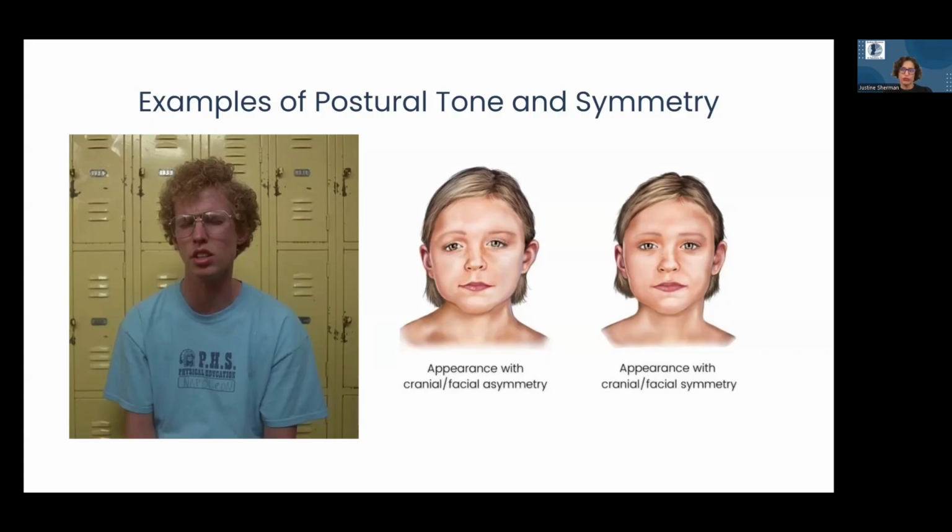What do you think with rounded shoulders, forward head posture? Low? Low. We have low tone, right? And low jaw stability. So what might this posture do to breath support for his speech?